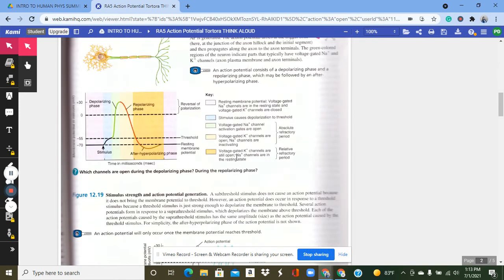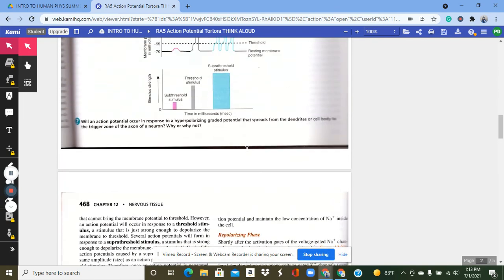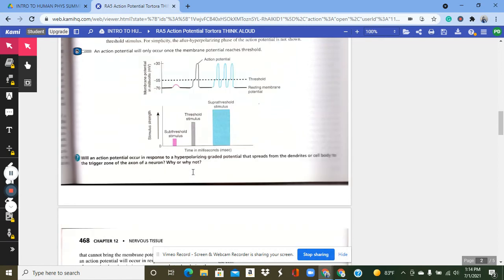Okay, so the question is, will an action potential occur in response to a hyperpolarizing graded potential that spreads from dendrites or cell body to the trigger zone on the axon of a neuron? Why or why not?